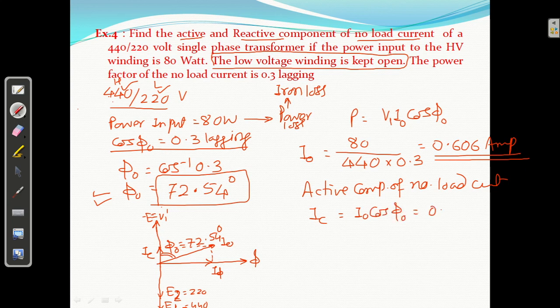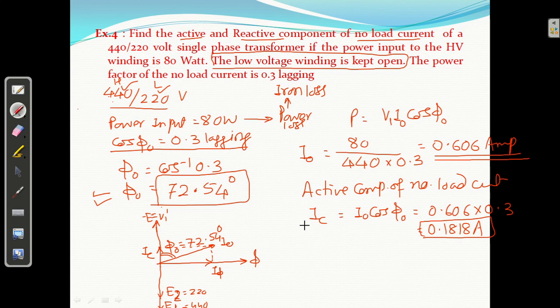I0 is 0.606 times cos phi 0, which is 0.3. So I am getting 0.1818 ampere. That is the first answer.